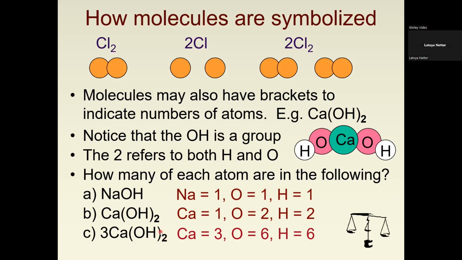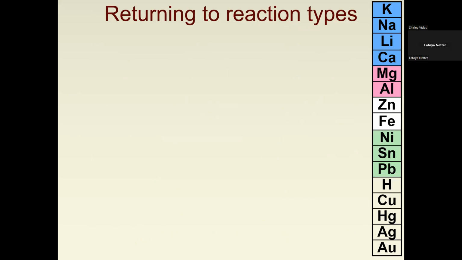Okay. All right, so let's look at balancing now. All right, so my tips, and this is important too, right here. Go ahead and take a picture of this. This is the activity series of metals.